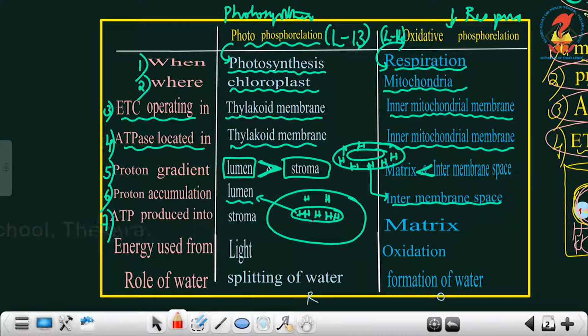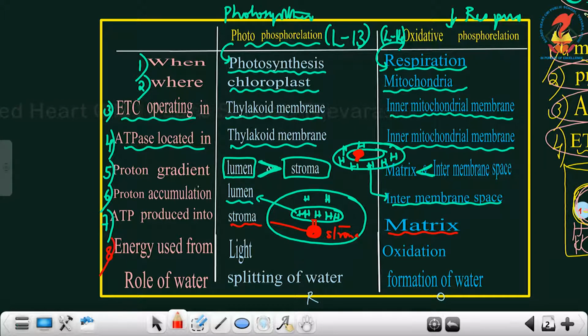In this diagram, I drew the ATPs projecting out into the stroma, whereas here I drew the diagram projecting into the matrix. So, ATP is produced into the stroma, whereas here ATP is produced into the matrix. The globular head is facing the stroma here, and here it is facing the matrix.